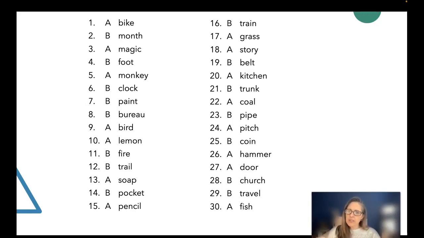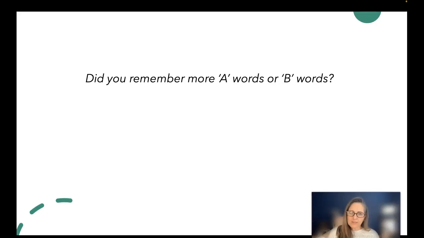But to make a determination about whether a word is pleasant or unpleasant, that's a little different. That takes a little bit more time. You have to think about it a little bit, and you have to process it at least at a slightly deeper level. So that's the reason people often remember more B words than A words, because they process those B words a little bit more in trying to make that determination about whether those B words are pleasant or unpleasant.